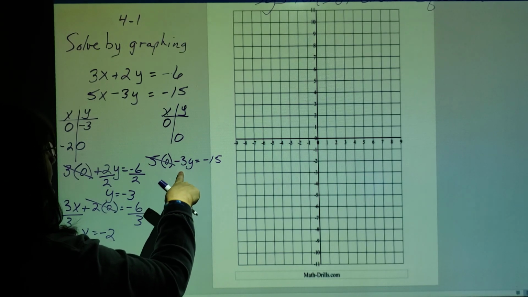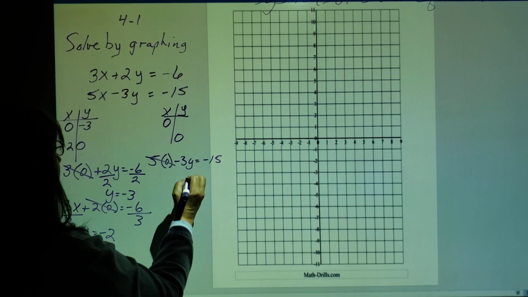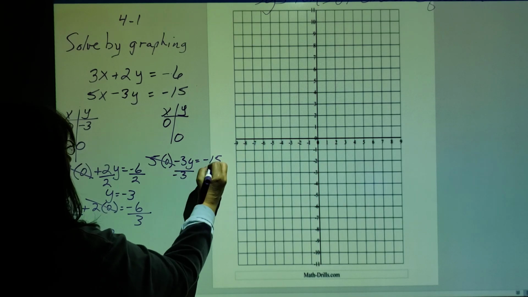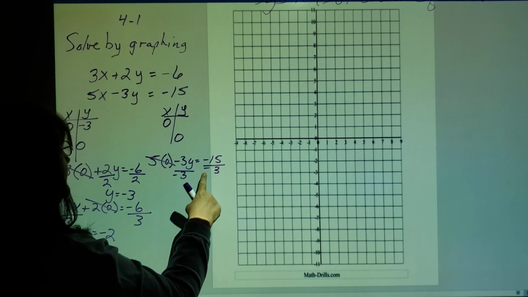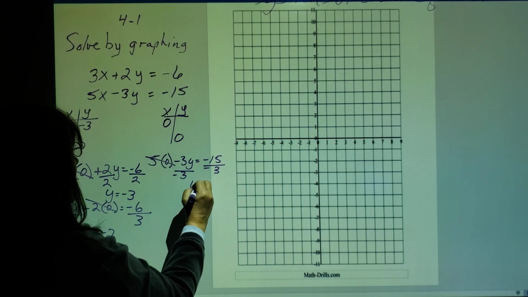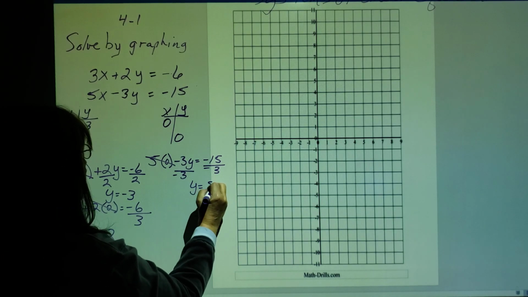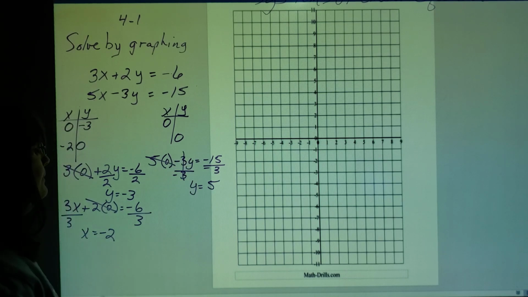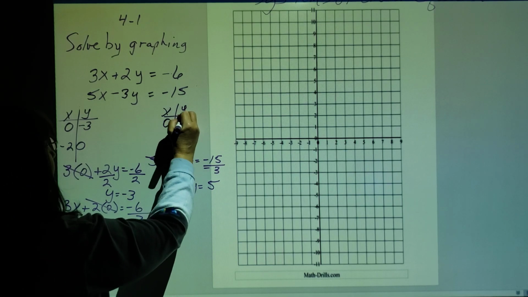We end up with -3y equals -15. Divided by -3 on both sides. Negative divided by negative is positive. So we end up with y equals 5. Now the -3 goes away because -3 divided by -3 is 1, and y times 1 is y. So the 5 goes up here.